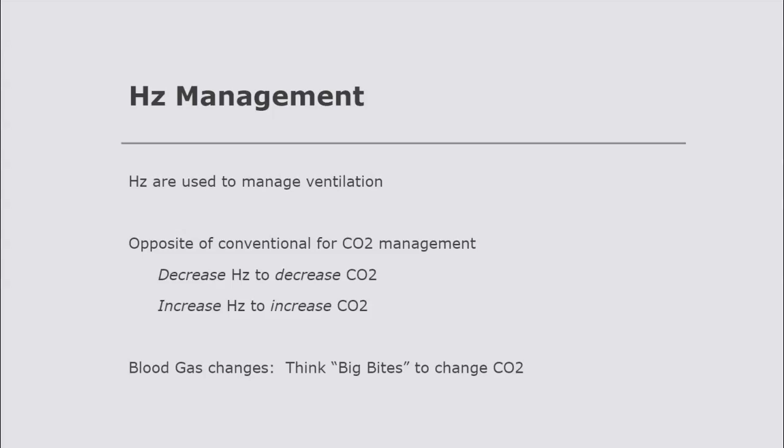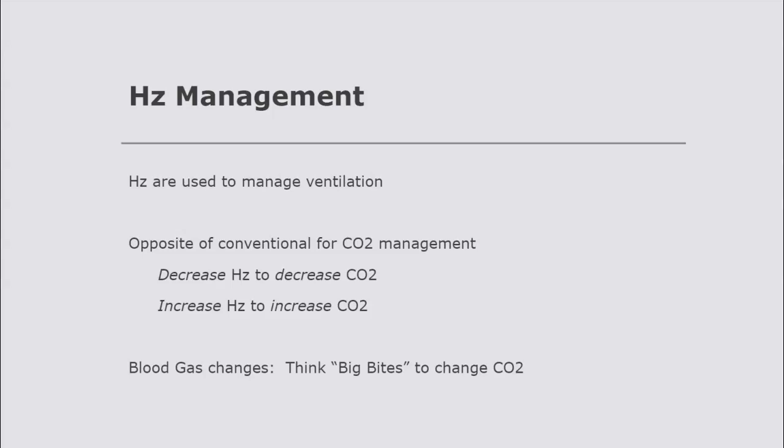I like to think of, with my blood gases, the big bytes. These are big bytes to change your CO2. So this would be if I have a CO2 extremely out of range, either one way or another, whether it be maybe I'm hypoventilating and my CO2 is in the 90s. I'm like, oh crap, I need to make changes.